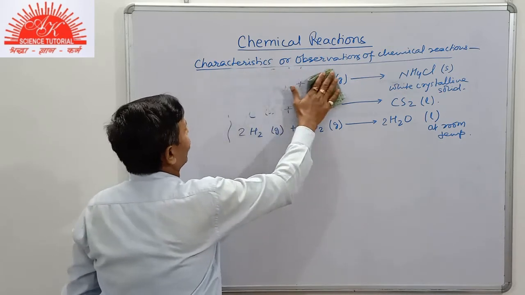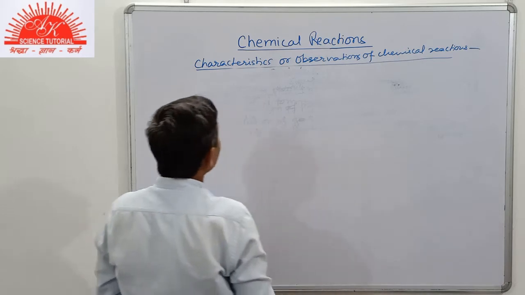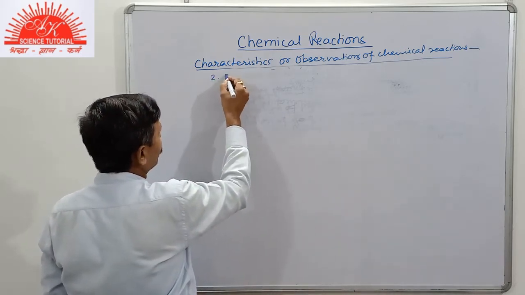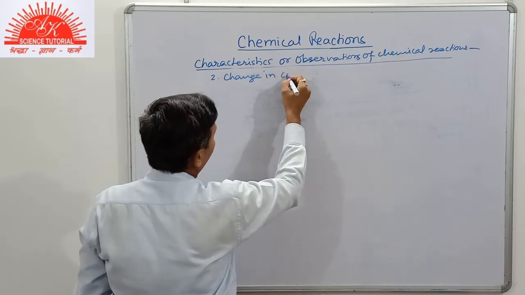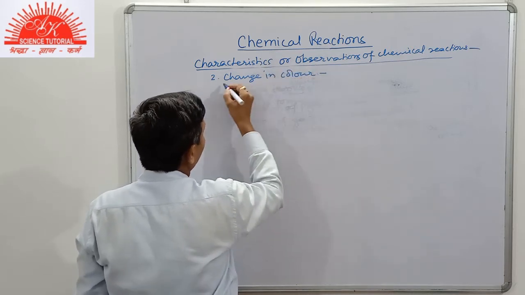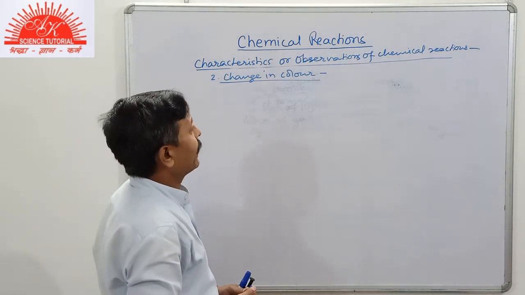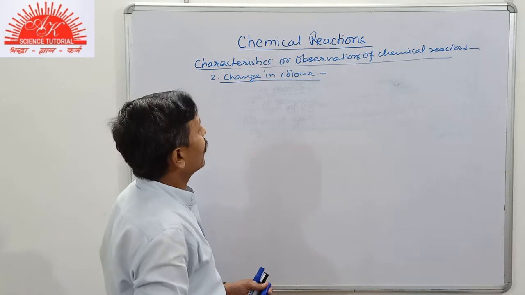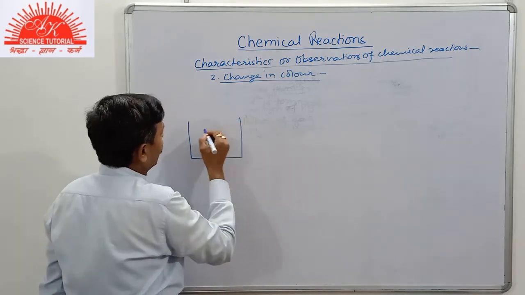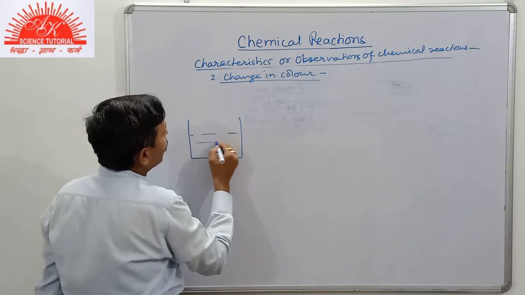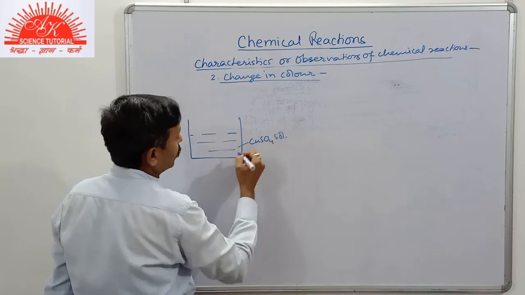Now, second, students, we take another point, that is the change in color. Now, how does it take place? Suppose in a beaker we take copper sulfate solution, CuSO4 solution.